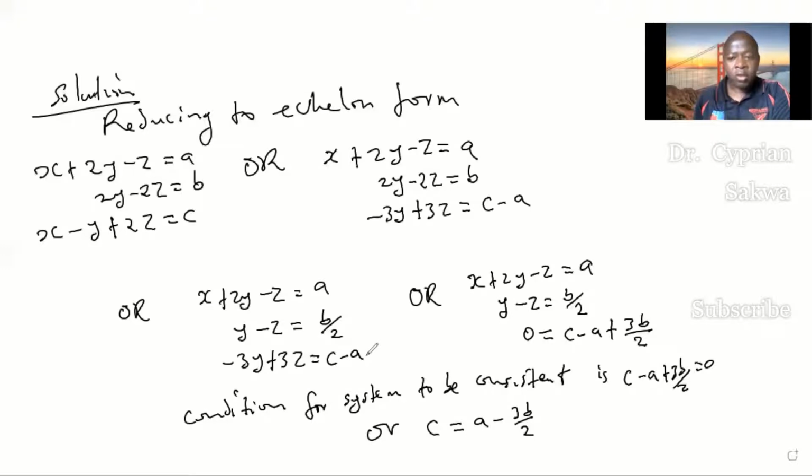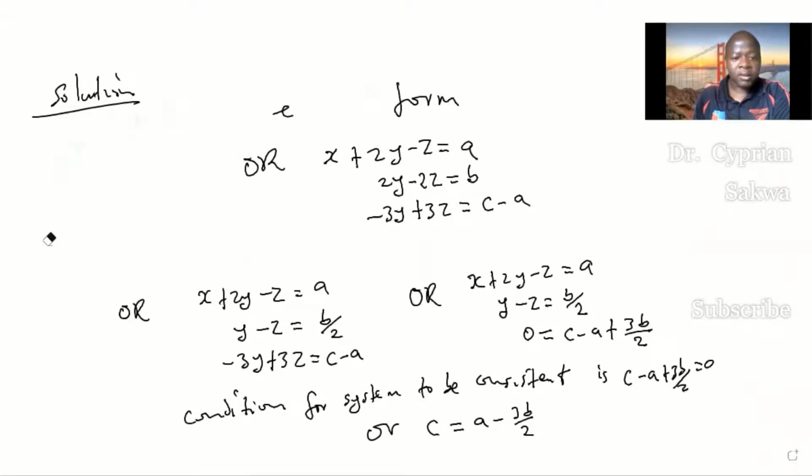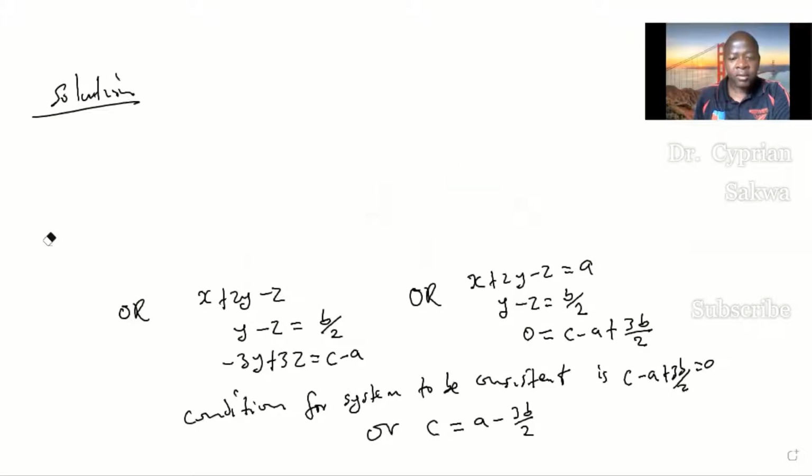Now the question proceeded and said that if that condition is met, find all the solutions to the system. So supposing the condition is met, what will be the solution to the system? Let me get more space so that we do the last part of the question.